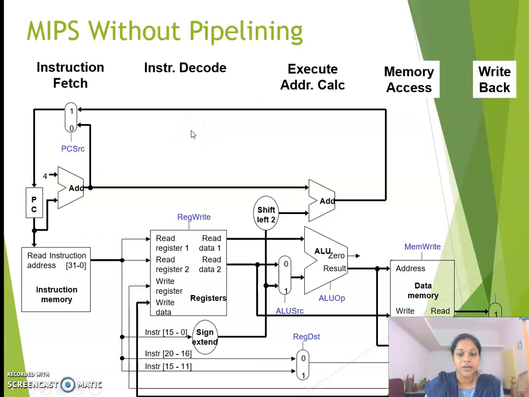Let us see the hardware part here. So this is the hardware part. Instruction fetch. We have seen all these components in detail. PC is nothing but the program counter. Program counter is a special purpose register which will hold the address of the current executing instruction. Instruction memory.